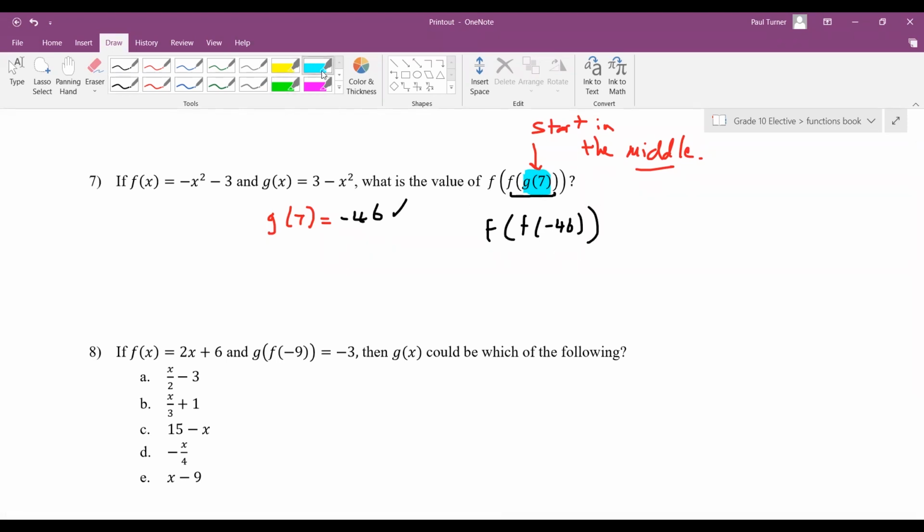So the next thing you need to do is put minus 46 back into your function. And when you do that, you'll get minus 2119 for f(-46). And your last step, you need to put this number back into f again. So f(-2119). And this will be your final answer here.